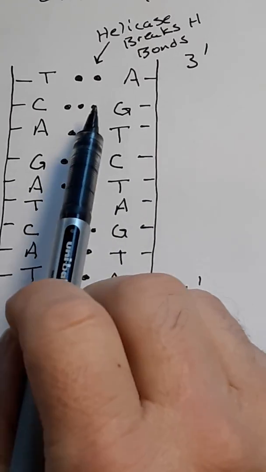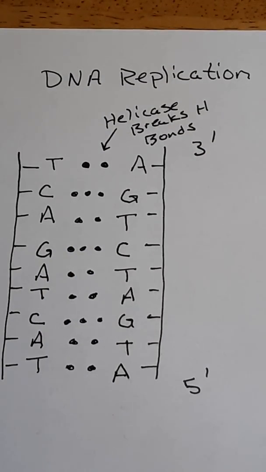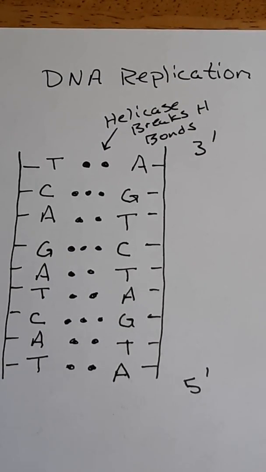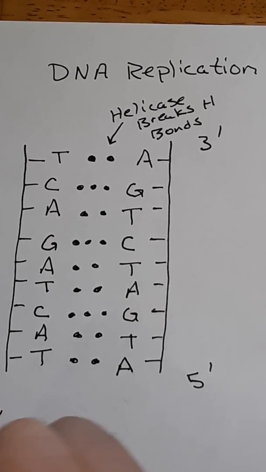So helicase will come in and break these hydrogen bonds. Eventually it'll break them for the entire length of the DNA molecule. And what will happen is the strands will separate.